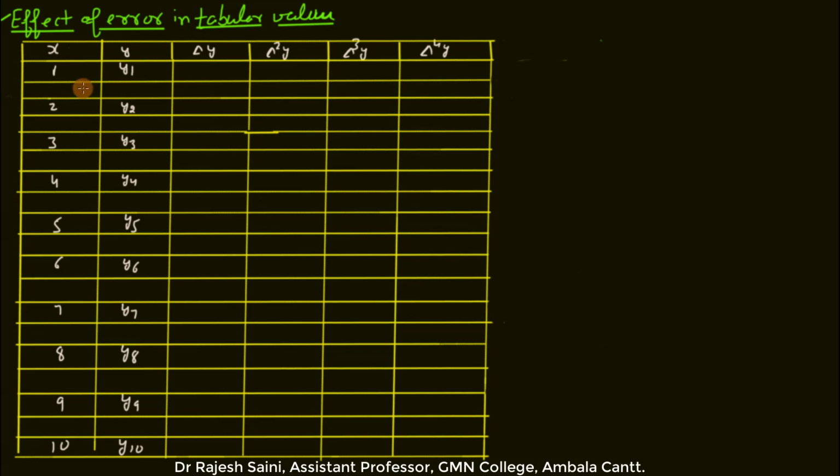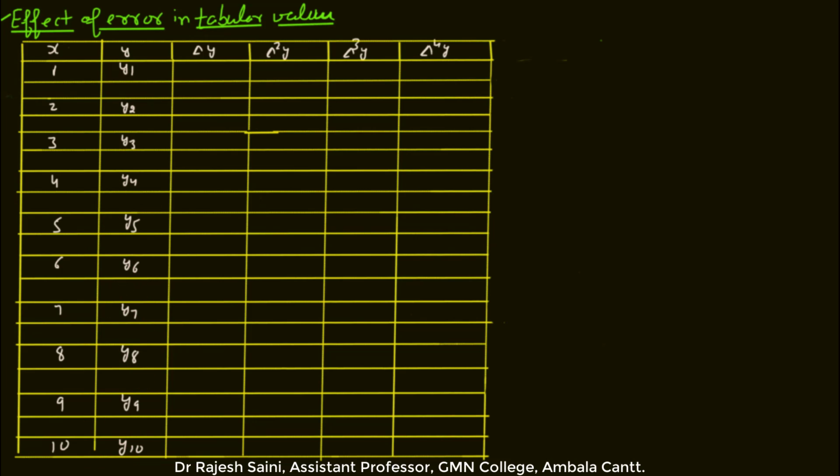So this is the table, and in this table for values of x 1, 2, 3, 4, 5, 6, 7, 8, 9, 10, we have corresponding values of y as y1, y2, y3, y4, y5, y6, y7, y8, y9 and y10, and these are true values.